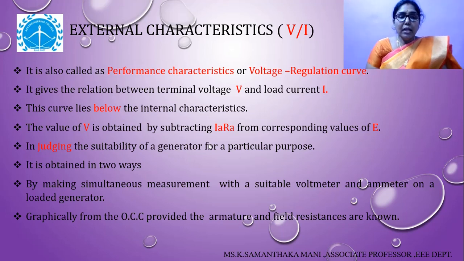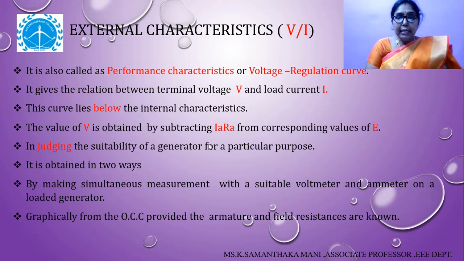Next, the value of V is obtained by subtracting IARA from the corresponding values of capital E. So here, if you observe, there are three voltages: E suffix 0 or E naught, the next voltage E, and then the terminal voltage V. E naught is the voltage generated in the armature.